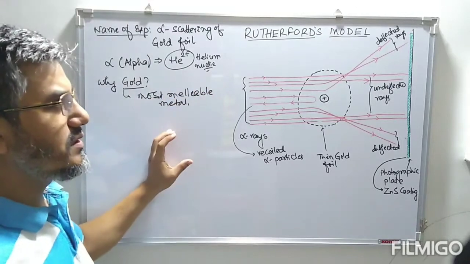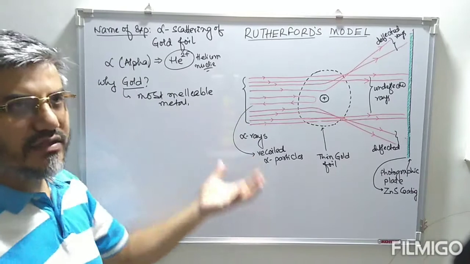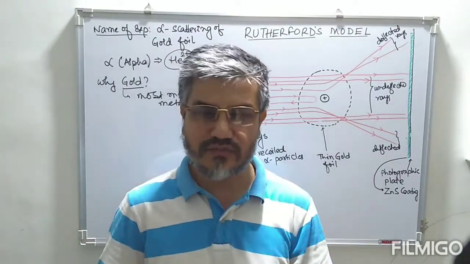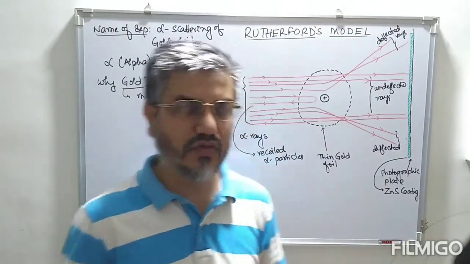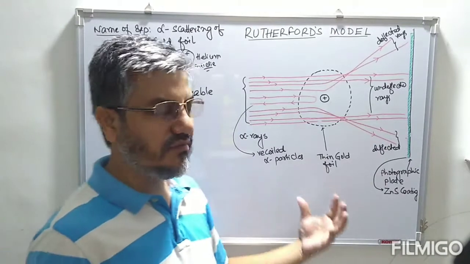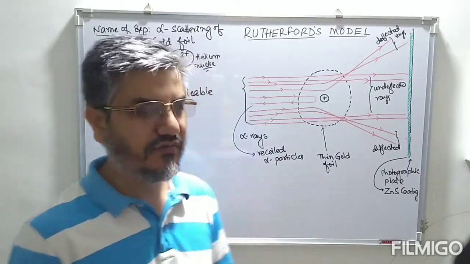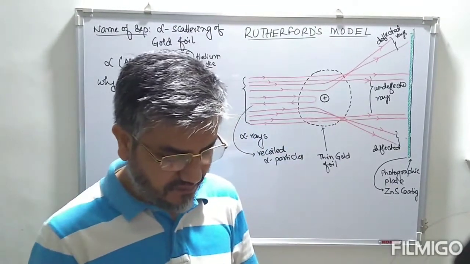Now the question is, if lighter metals like aluminum, which is also malleable but not as malleable as gold, are used, what will be the change or effect in this alpha scattering experiment?